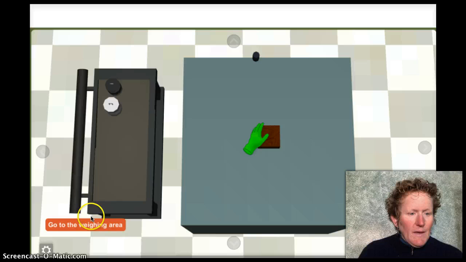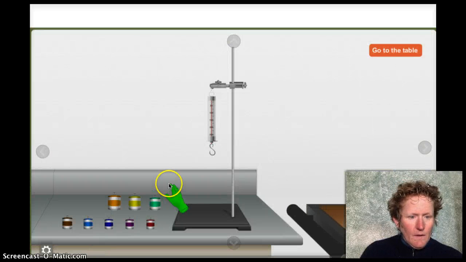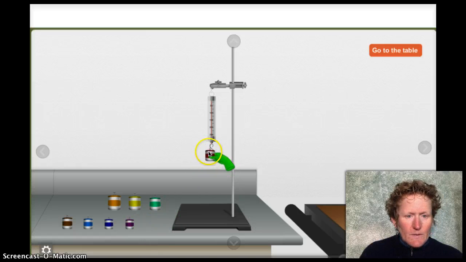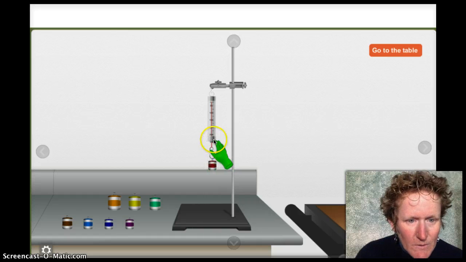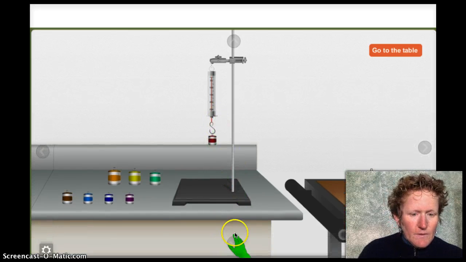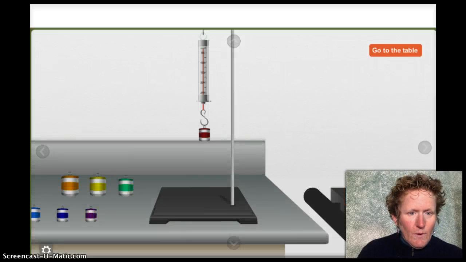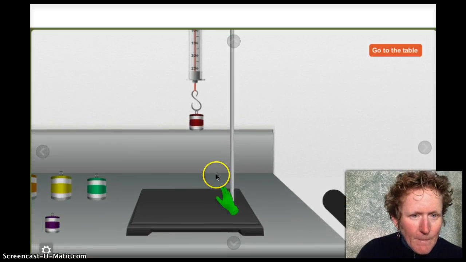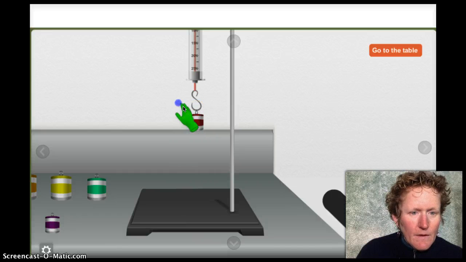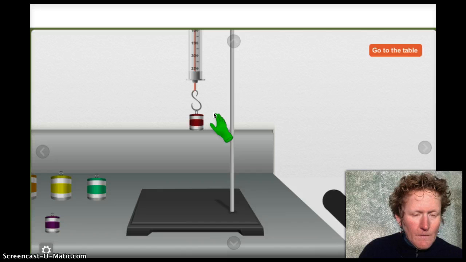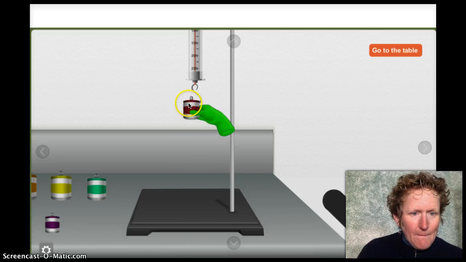So in order to get another mass, let's go over to the weighing area. I'm going to click on here, and we're going to get the smallest mass. How do we know it's the 250 gram mass? Well, we know it should have about 2.5 newtons of weight. So that looks about right.